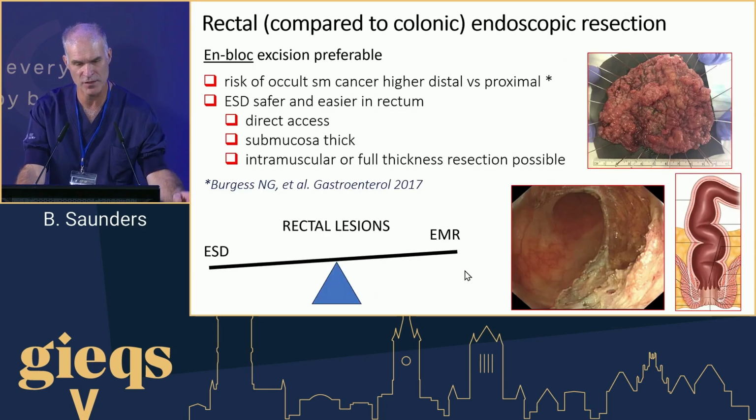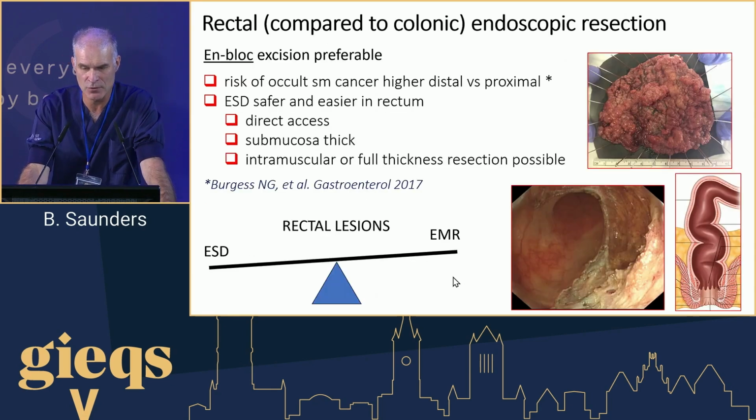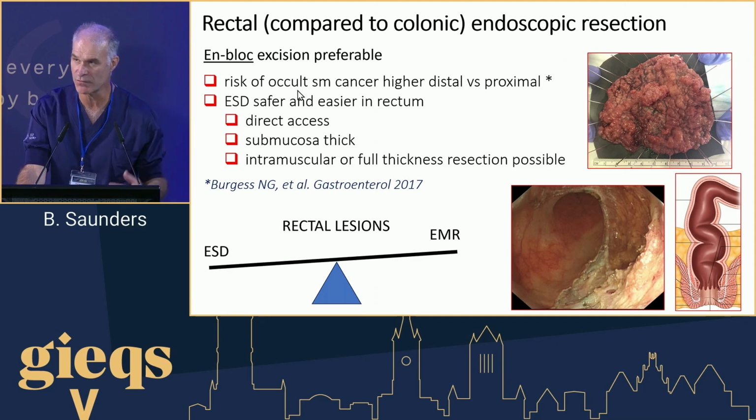So the rectum is fundamentally different to the colon. And in the rectum, we ideally want to do an en bloc excision. Also, we know that the risk of occult submucosal cancer in patients referred for an endoscopic resection is significantly higher, possibly twice as high in the distal colon compared to the proximal colon.